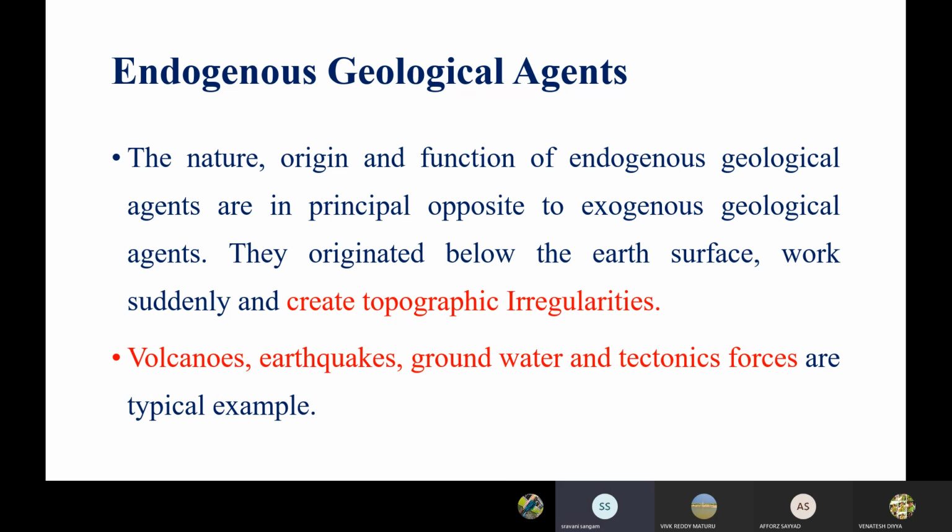Endogenous geological agents are quite opposite: their erosion occurs below the Earth's surface, their work occurs suddenly, and the topographical area of the Earth is formed with irregularities. Okay.